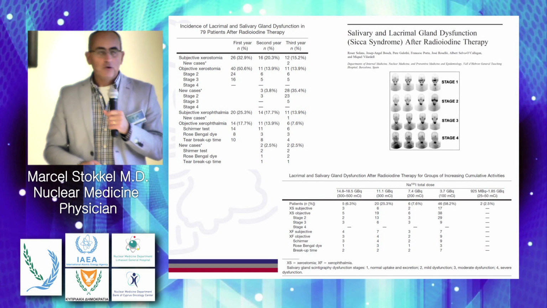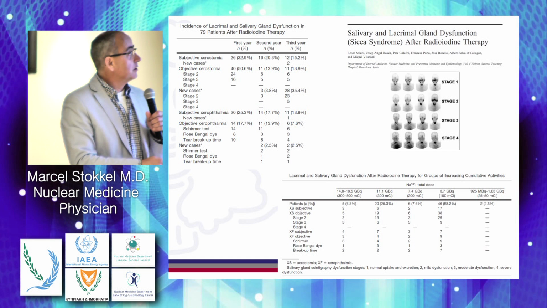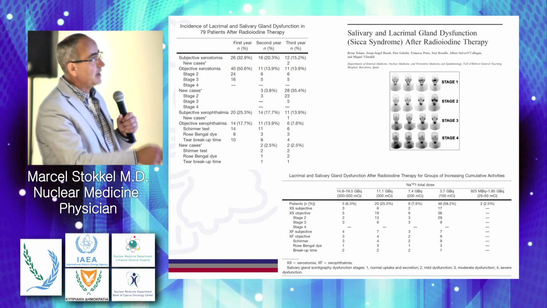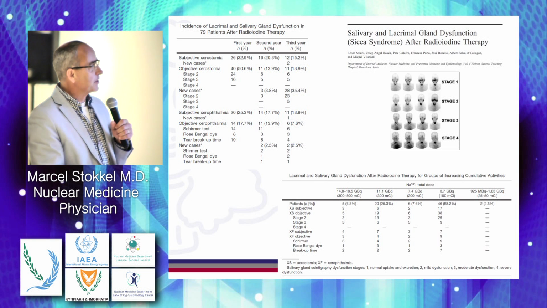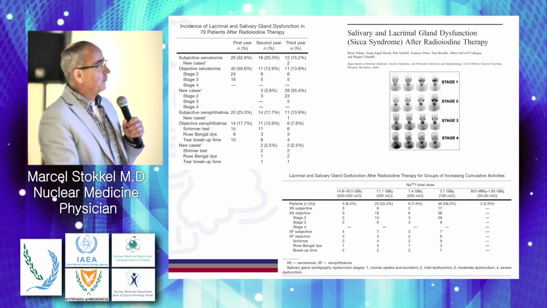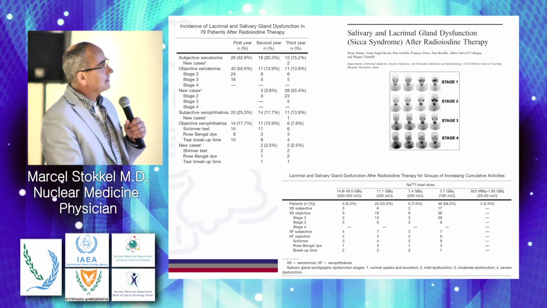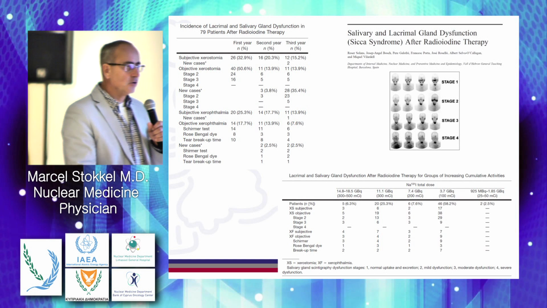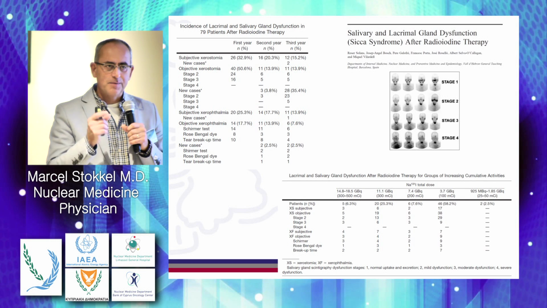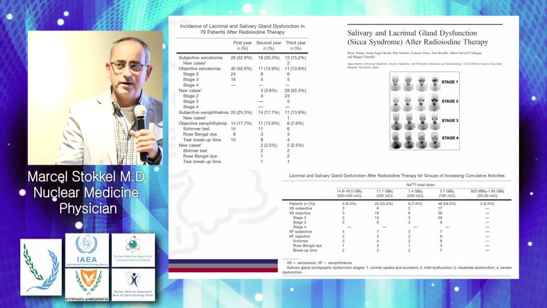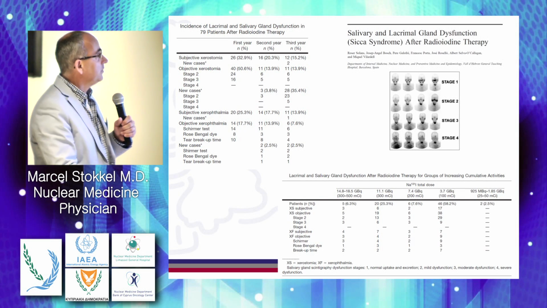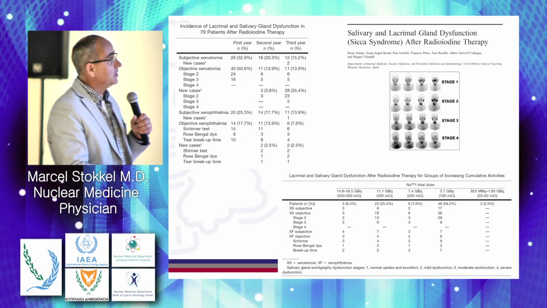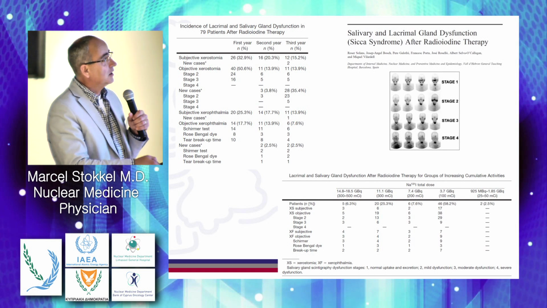When you have a look at the side effects on lacrimal and salivary gland dysfunction, it was studied in this paper. It is a really nice paper in which patients were followed up. And what you see, and that's what I told you, is that sometimes it's difficult to get a good impression. Is it the patient that's complaining, or is it really an objective problem? You see here, 32% of the patients had subjective problems.